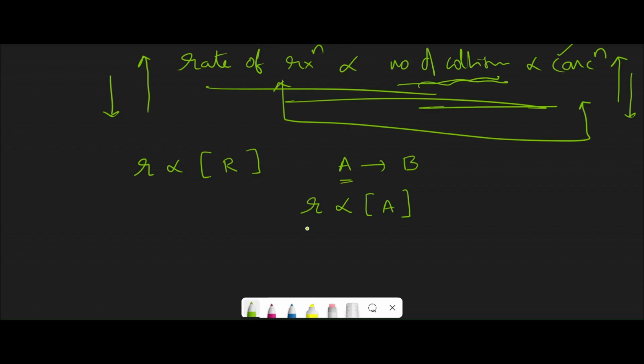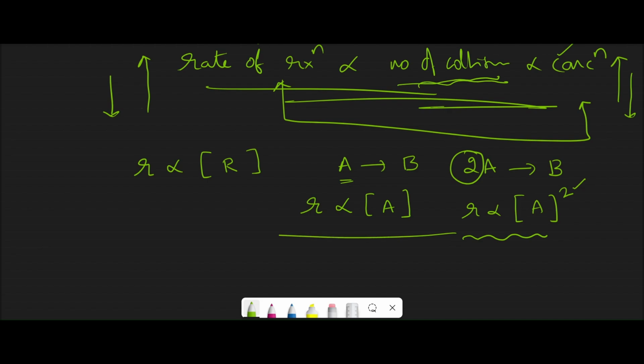Here the reactant is A. Suppose I take another reaction, 2A gives rise to B. The rate of reaction is observed when the stoichiometric coefficients are raised as powers. This relation between concentration and rate of reaction is known as the law of mass action, or it is also called the rate law.